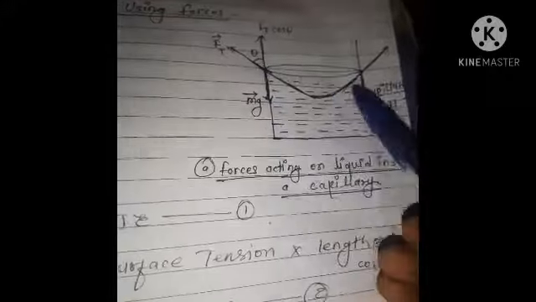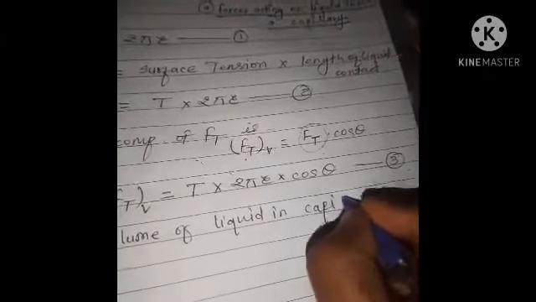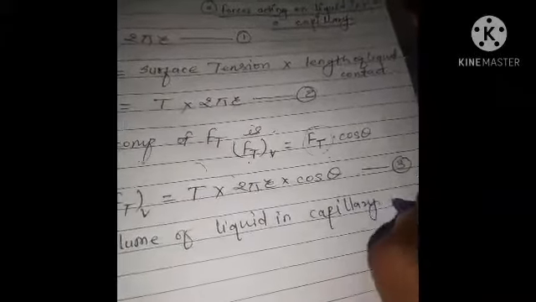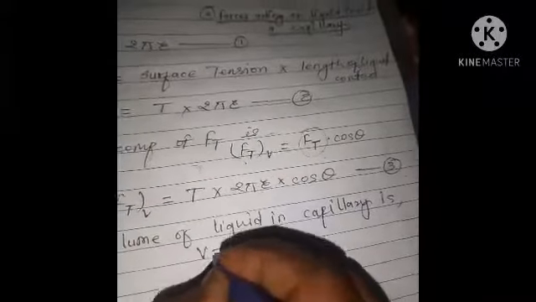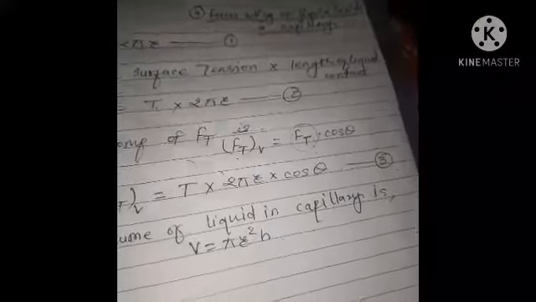By considering this concept, the volume of liquid in the capillary is V is equal to pi r square h, and we know the formula for density is equal to mass upon volume.